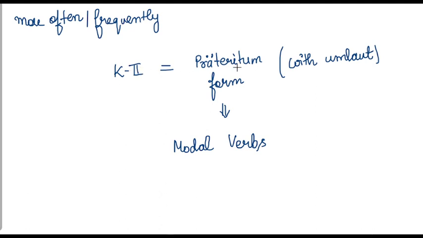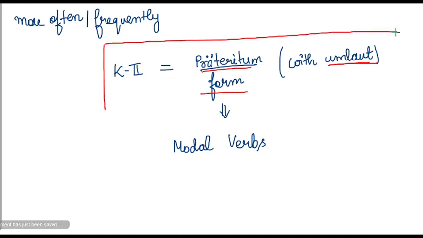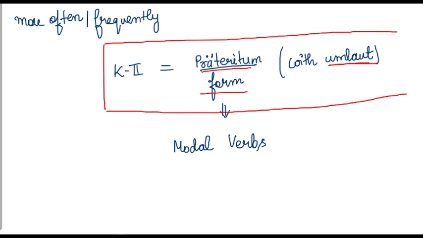So Konjunktiv II is the Präteritum form, but in that form you have to apply an umlaut on an appropriate vowel. Let us see what this formula signifies.